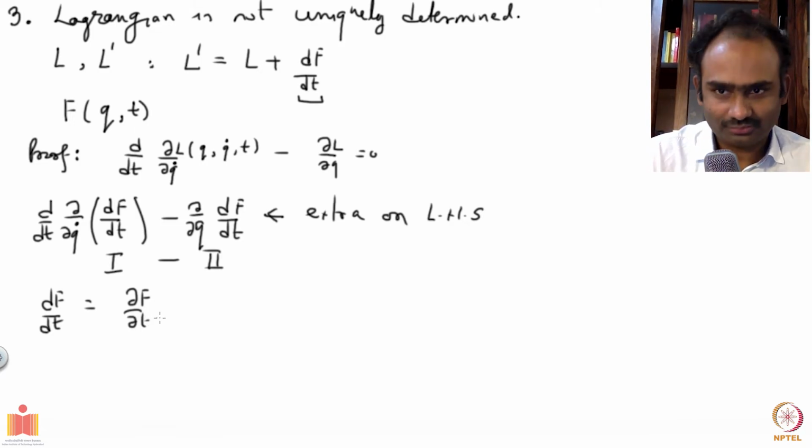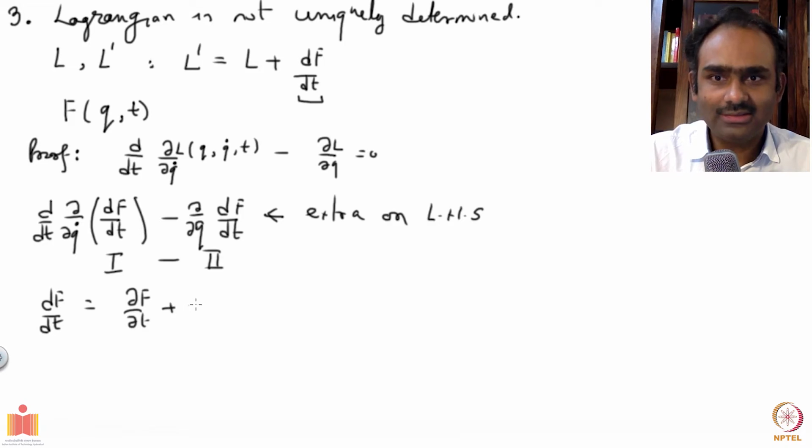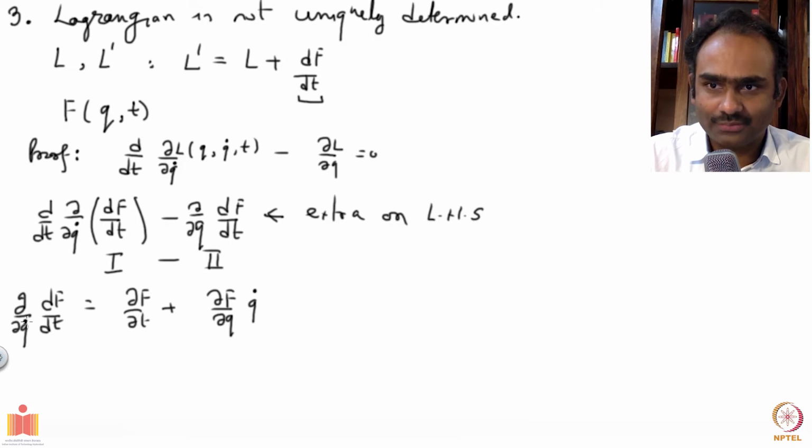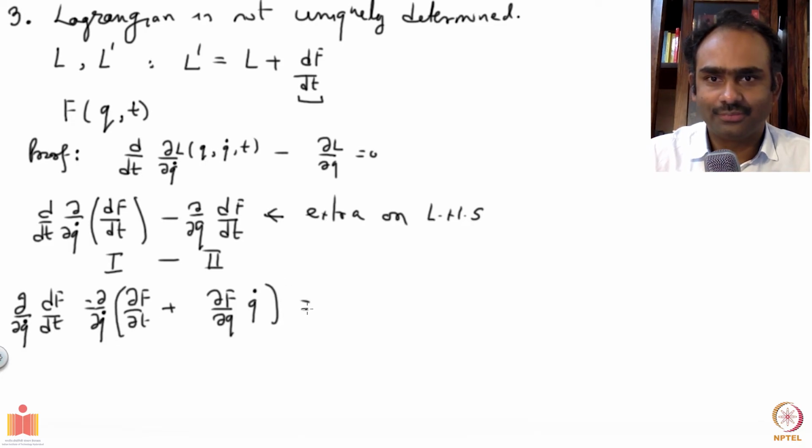So there will be this term plus del f over del q times q dot. That's correct. Now if I take a derivative with respect to q dot on this, what will that be?